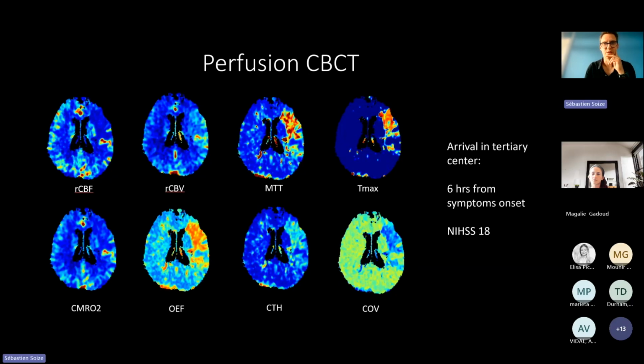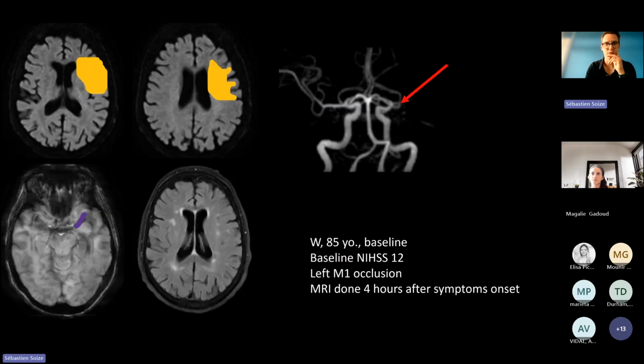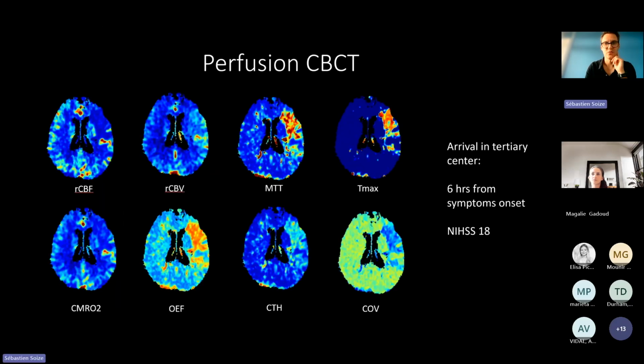And this is the result of the circular perfusion CBCT we've done just 2 hours after arrival of the patient. So this was acquired in another center. And 2 hours later, the patient comes, the thrombolysis is finished, and we want to see what's happening.